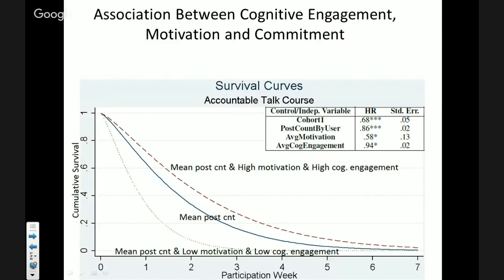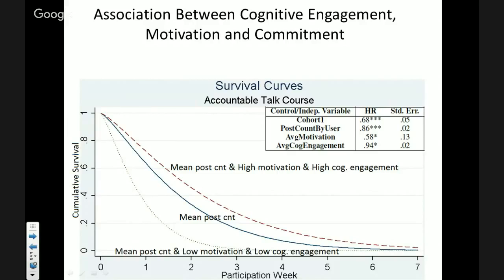In our particular case, what we're really interested in is this average cognitive engagement that I've talked about. Also, I mentioned that we were measuring indicators of commitment or motivation to stay in a course, but we also had some control variables that would say, was this a student who started at the very beginning of the course, which makes a prediction about how committed they are, and also a general indicator of how active they are in the course, which also makes a prediction.